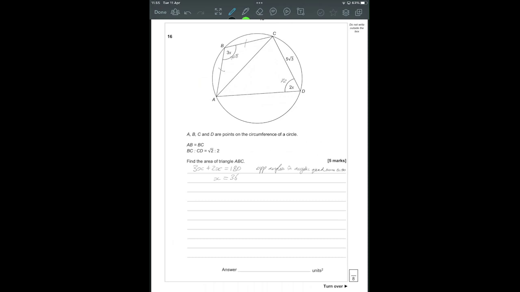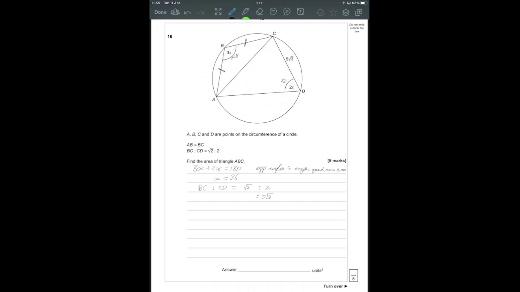Now our actual aim was to find the area of the triangle ABC. Well, if I do know these 2 equal sides, then that's a half AB sine C fairly easily. So let's use that ratio statement then. So BC to CD was root 2 to 2, but we know that CD is 5 root 3.